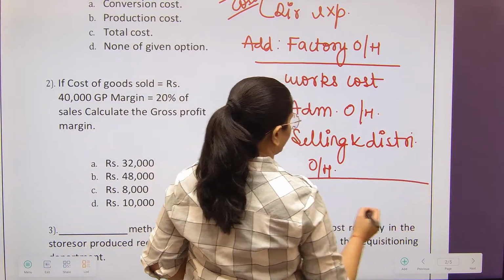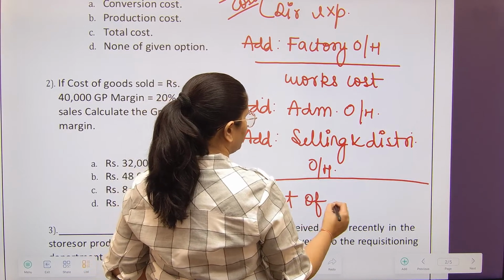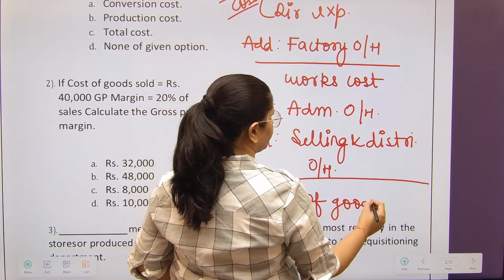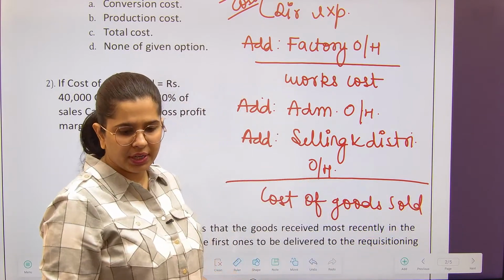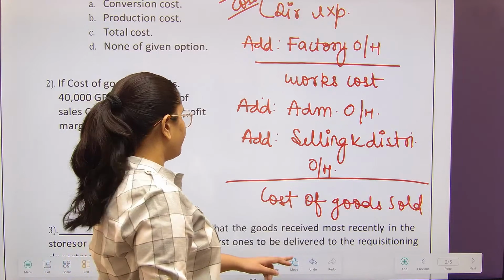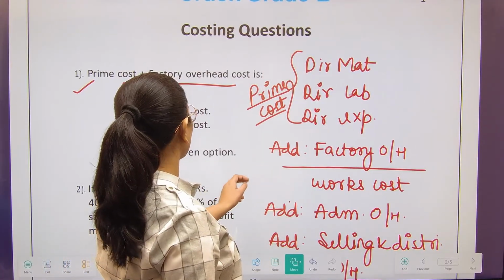This will give me my total cost of goods sold. So this is how your cost sheet flows, right? So in this scenario, what is the option for me?